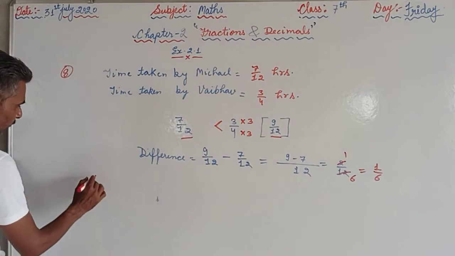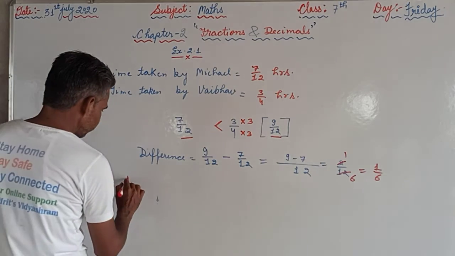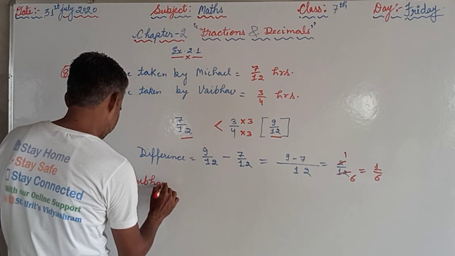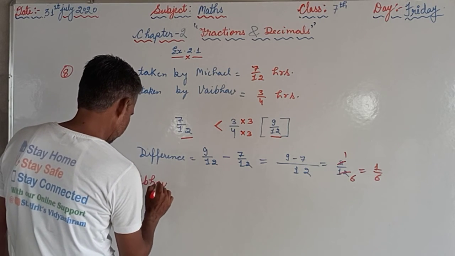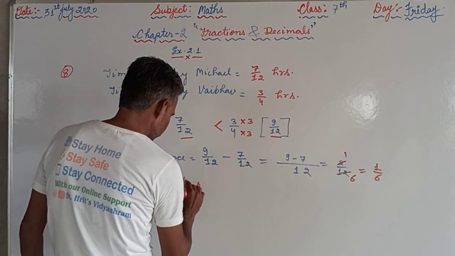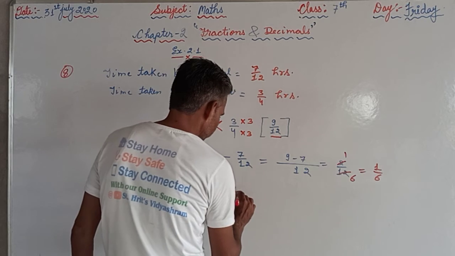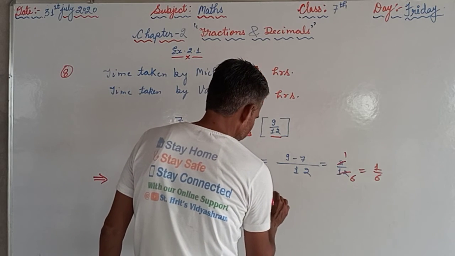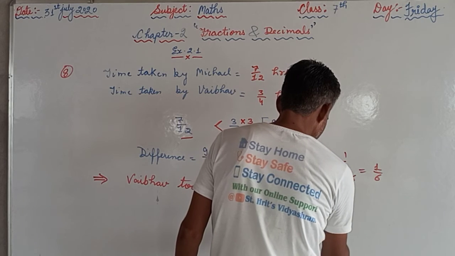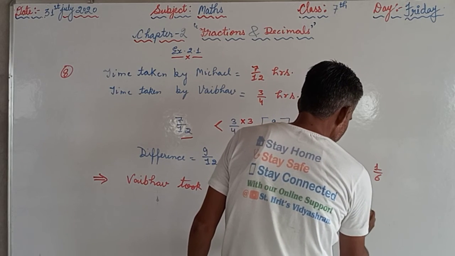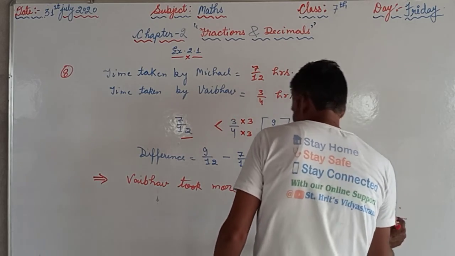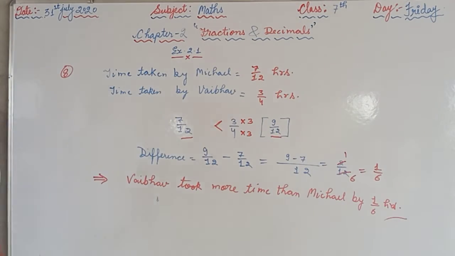So at the end we will write the answer. Weber took more time than Michael by 1/6 hours. So this is the answer of this question.